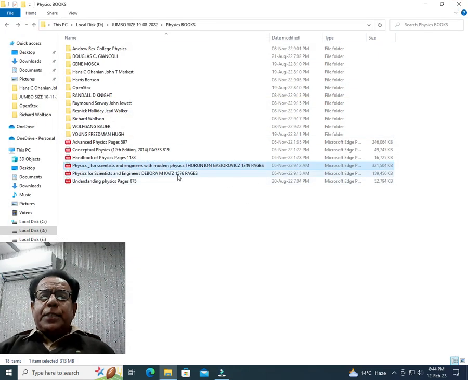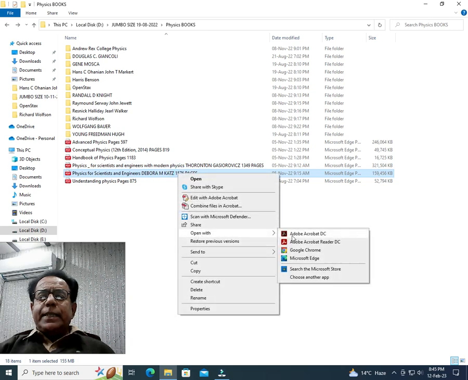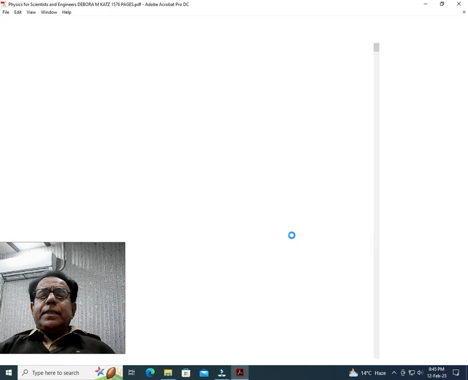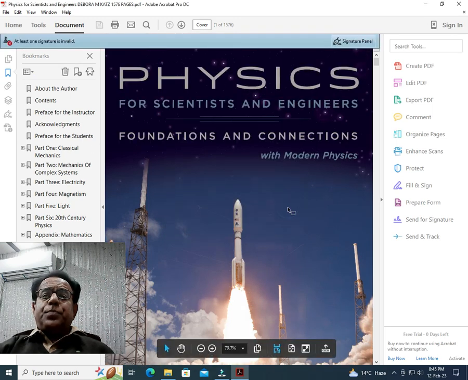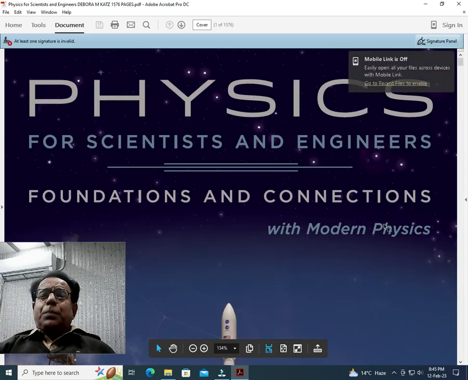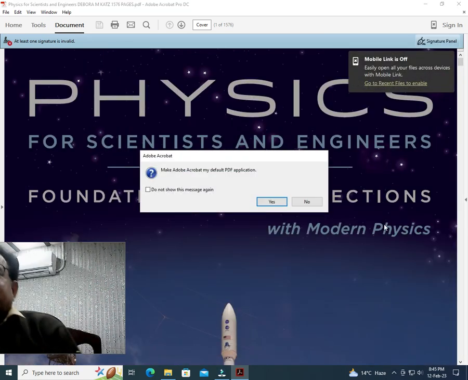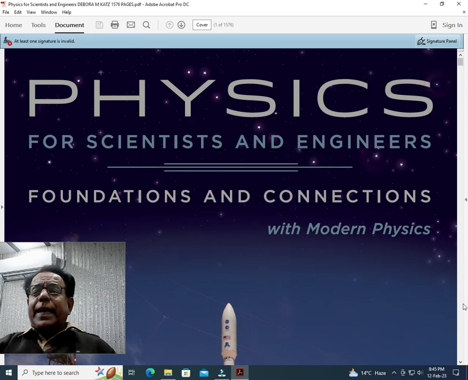Now, this book is also very important: Physics for Scientists and Engineers, Deborah M. Katz. We open this book and see what is the picture of this book, what is the title of this book. Dear students, this is the title page of this book, Physics for Scientists and Engineers, Foundations and Connections with Modern Physics.